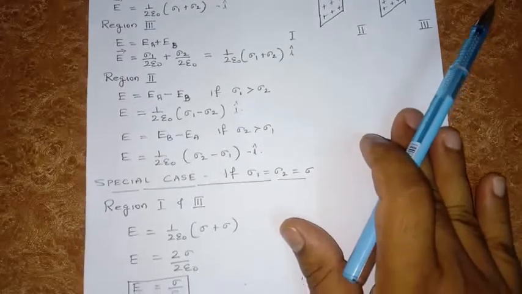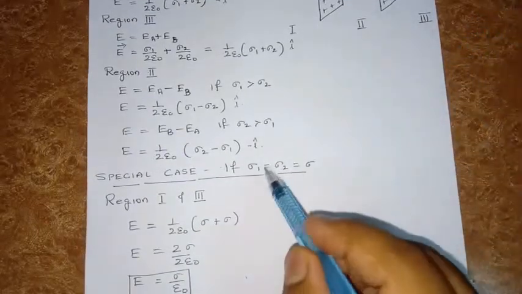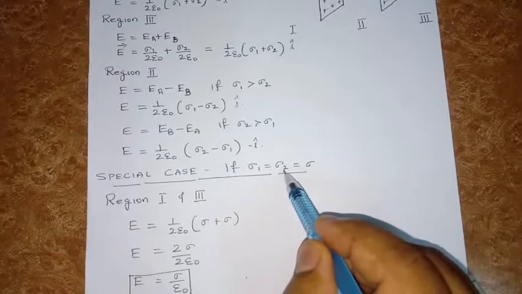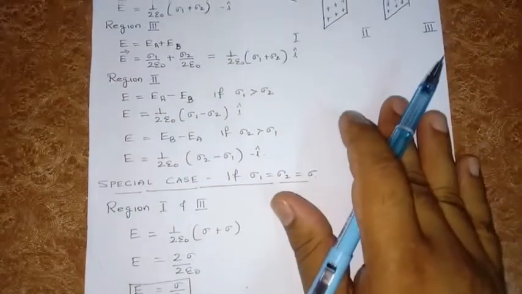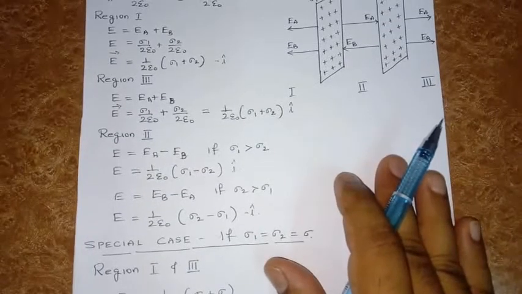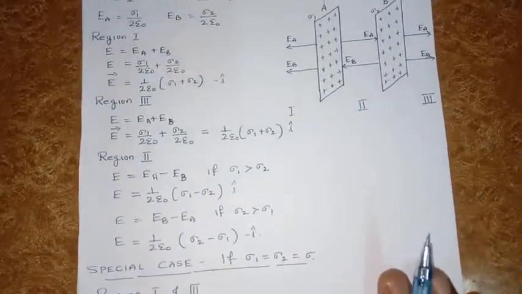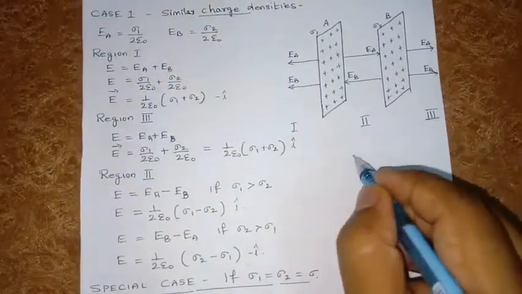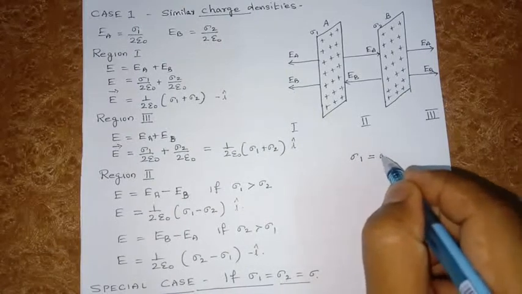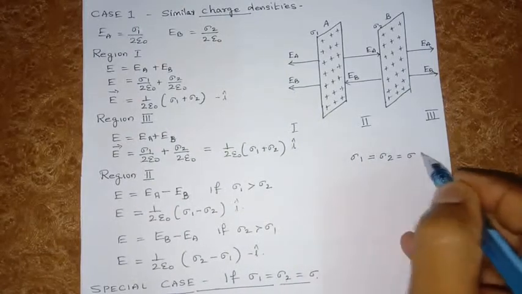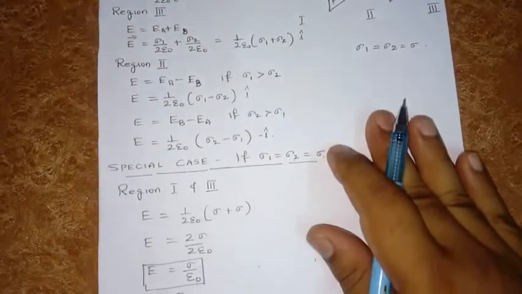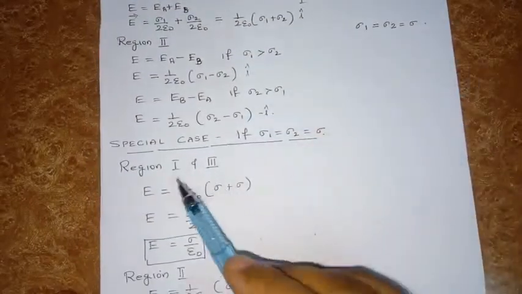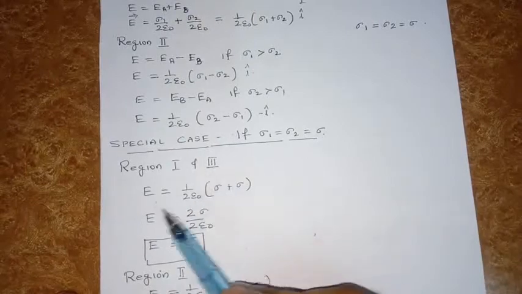Now a special case I can tell you: sigma 1 is equal to sigma 2 is equal to sigma. What's the meaning of that? These two sheets are charged with similar charge density, and their values are the same. So if the values of the charge density are also the same, then in regions 1 and 3, what will be the net electric field?